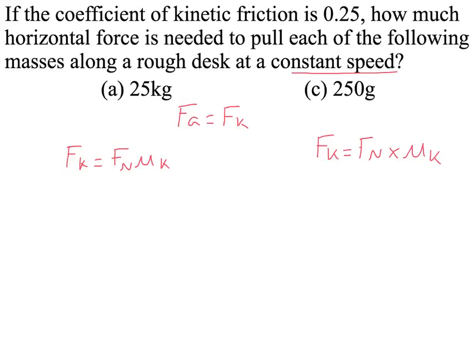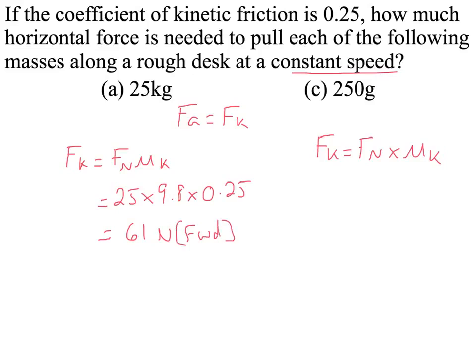We plug our numbers in. For the first one, it's 25 times 9.8 times 0.25, which gives us an answer of 61 newtons forward.